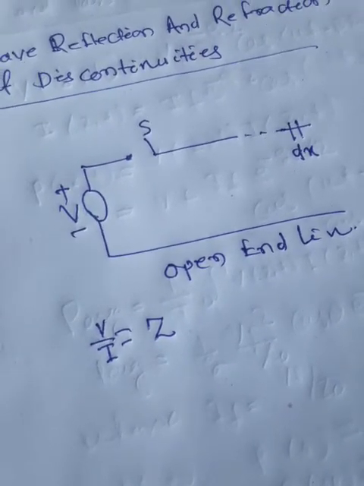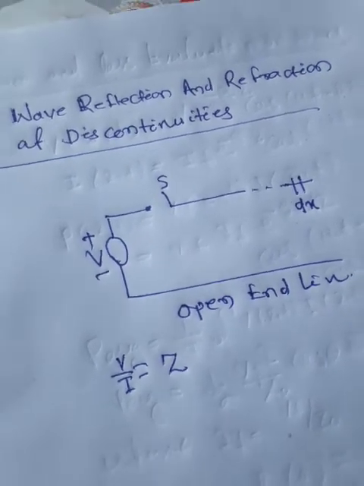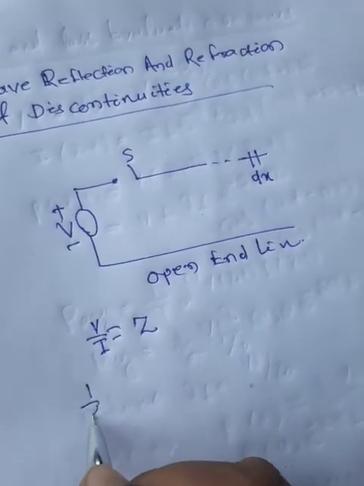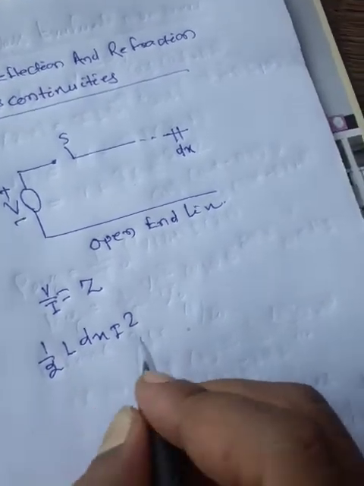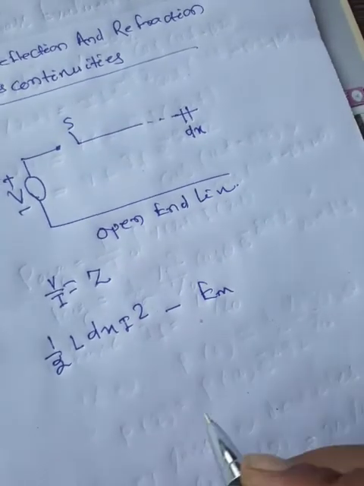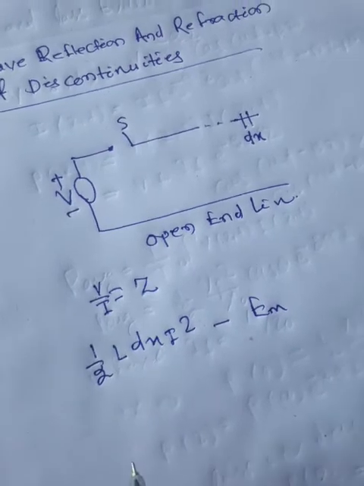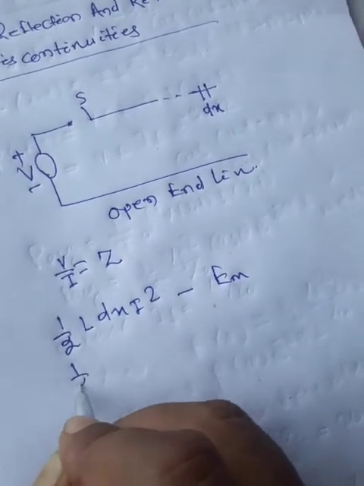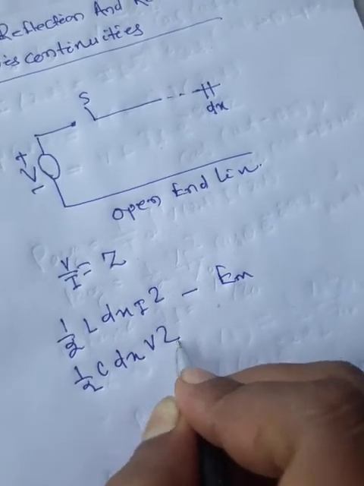The electromagnetic energy stored by the element dx is given by half L dx I square, and the electrostatic energy stored in the element dx will equal half of c dx v square.